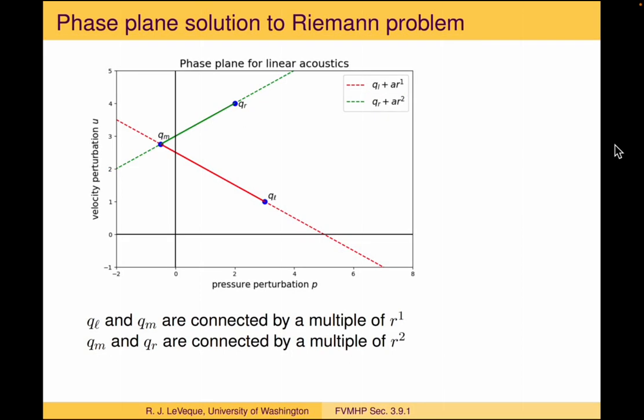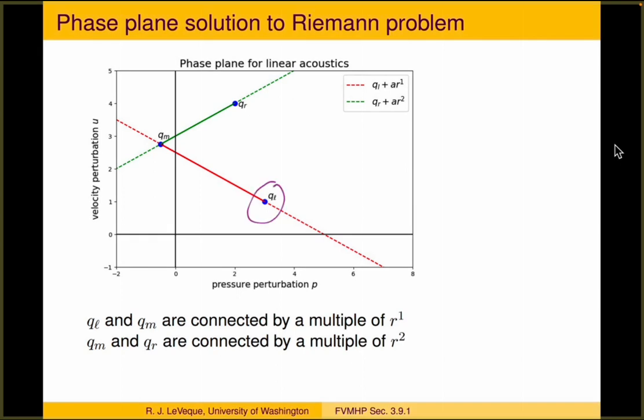So if we're trying to solve the Riemann problem now, and we're given initial states QL and QR, then the idea in the phase plane is that this intermediate state QM that we're looking for has to simultaneously be connected to QL by a one-wave, so it has to lie on this red dashed line, but it also has to be connected to QR by a two-wave, so it also has to lie on the green dashed line.